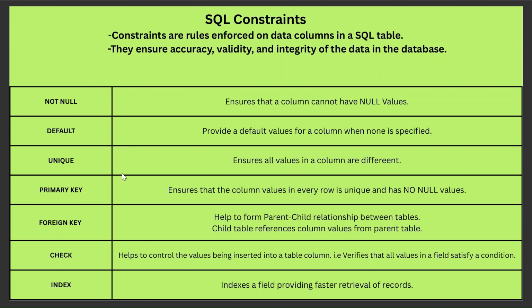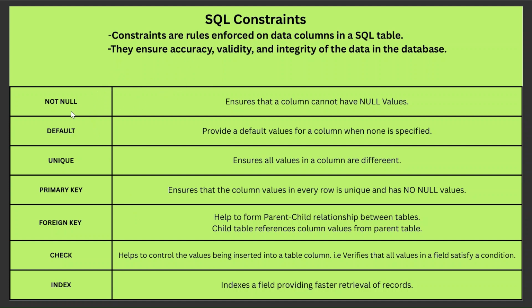These are the rules that you put when creating the columns of a table. You put an instruction that will enforce the column not to have that kind of value.